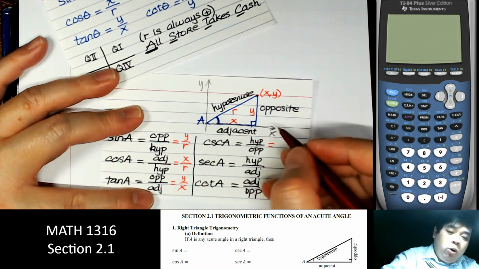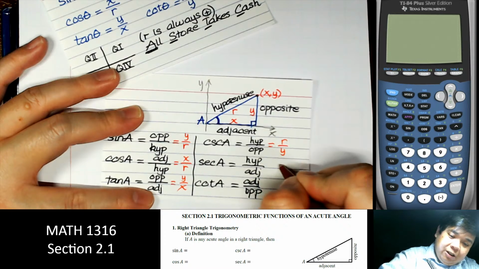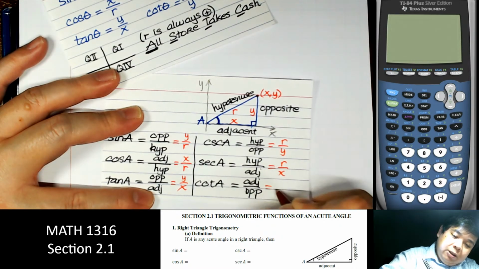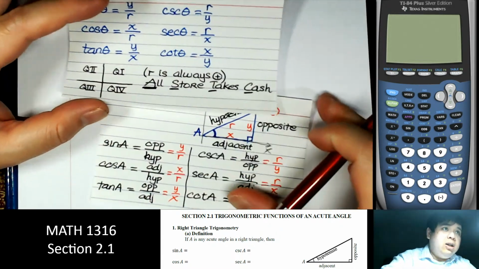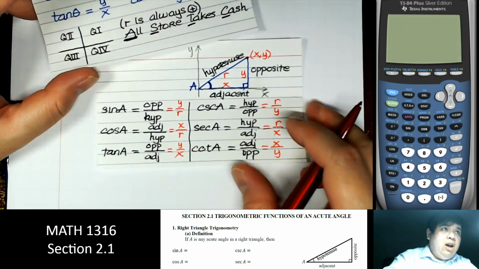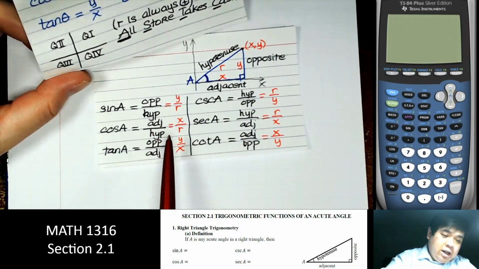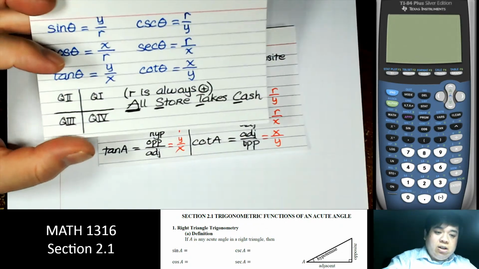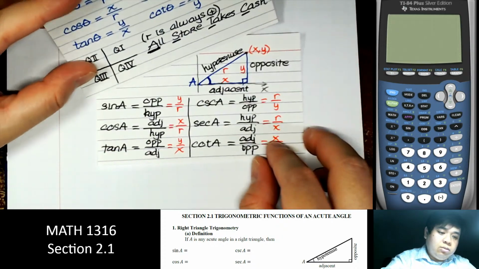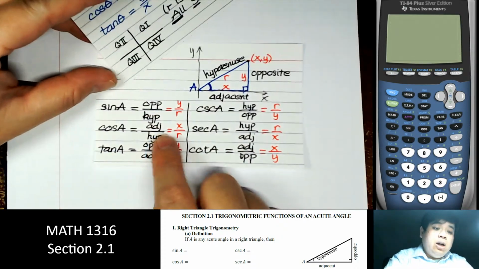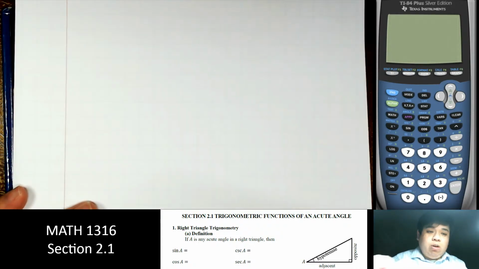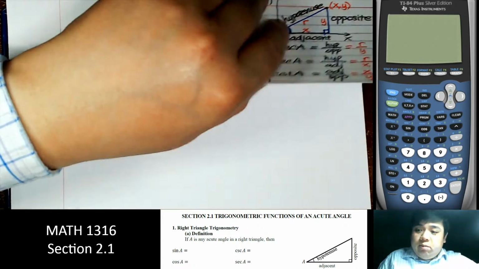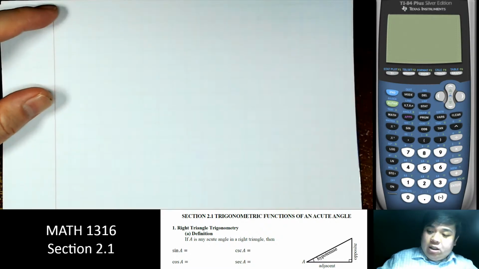And then we just flip all of this. So the definition using x, y, and r is consistent with the definition using opposite, hypotenuse, and adjacent. But when we define using the right triangle, this is only for the angle between 0 and 90 degrees, an acute angle.